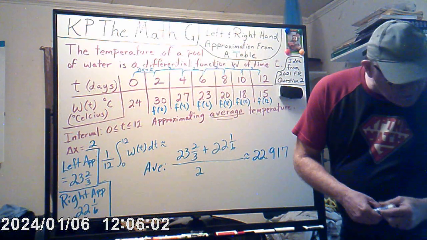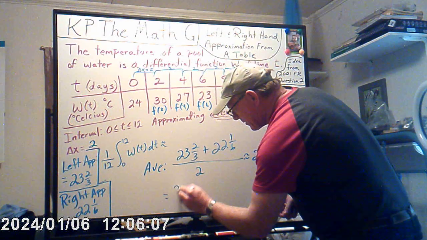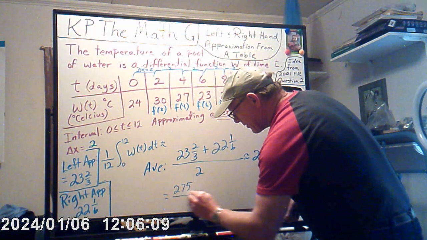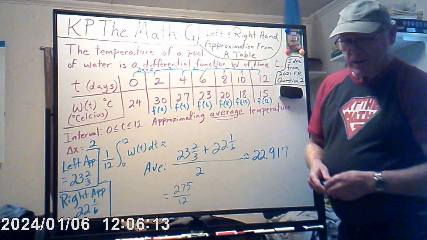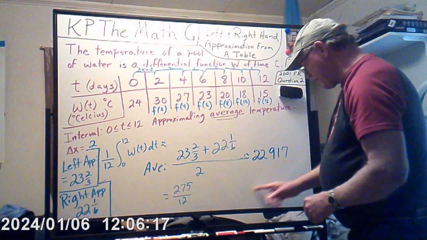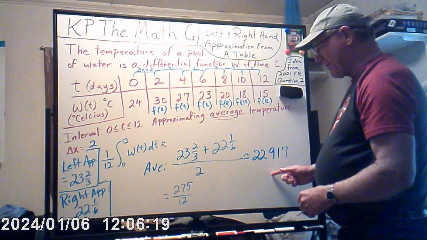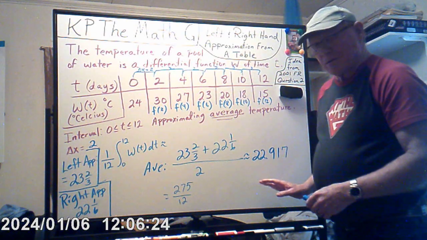That is 275 over 12 actually. It's 275 over 12 if you want to look at it that way. Okay, that's what I got out of that. And about 22.917. Again, that's what you would get if you did the trapezoidal rule there.